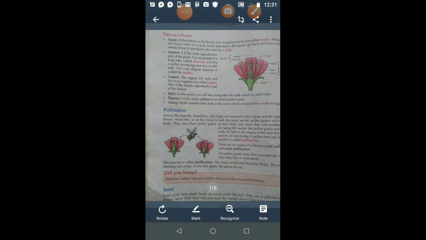Try to understand: if pollen is transferred from the anther of one flower to the stigma of another flower, but both flowers are on the same plant, that is also self pollination. Are you able to understand, yes or no? See what I explained to you.